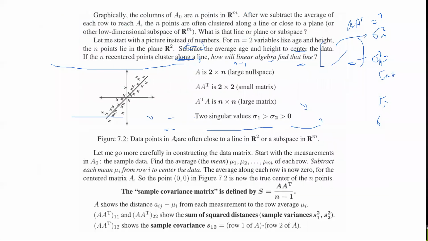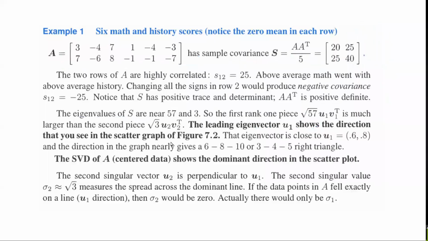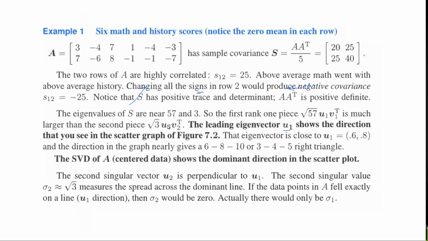If we plot the scatter diagram of our data, remember, for A transpose we are looking at the U's. This U1 will give the direction of the data.